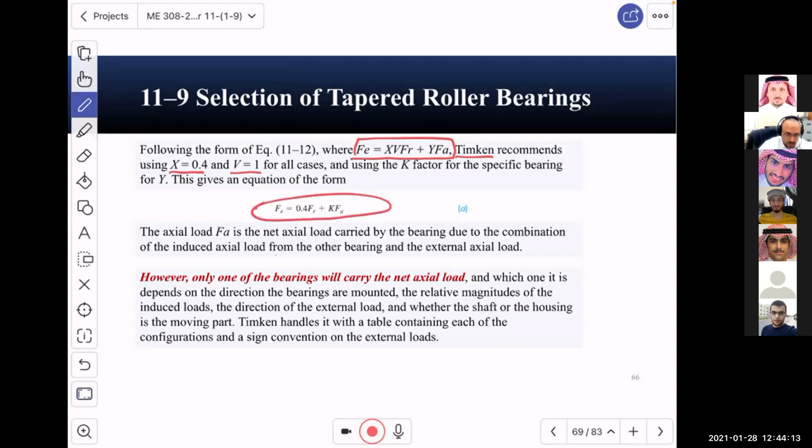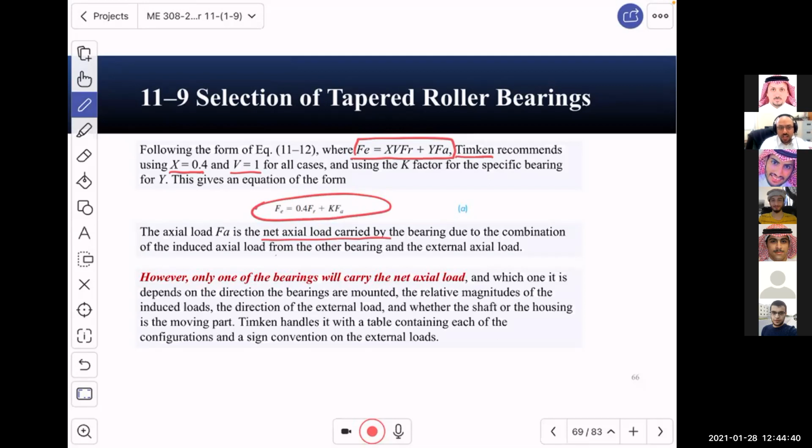So we'll have Fe equals 0.4 Fr plus K Fa. Do you see that? Now, we have to be very careful right here that Fa in this equation is the net axial load. Now, the net axial load, you'll see, is not like before.